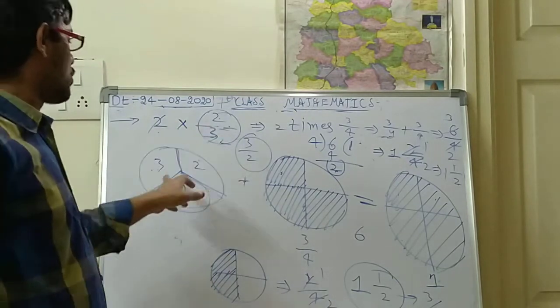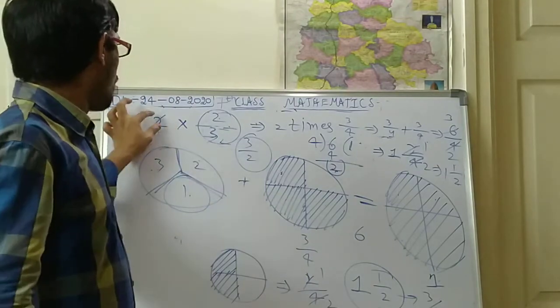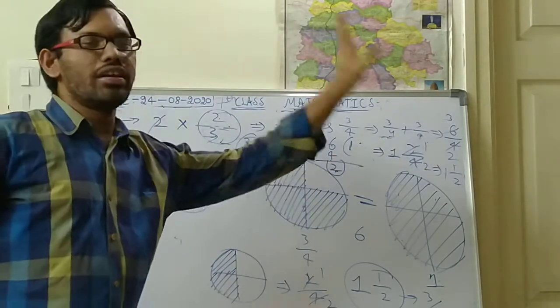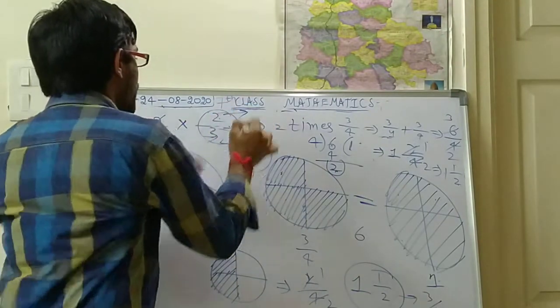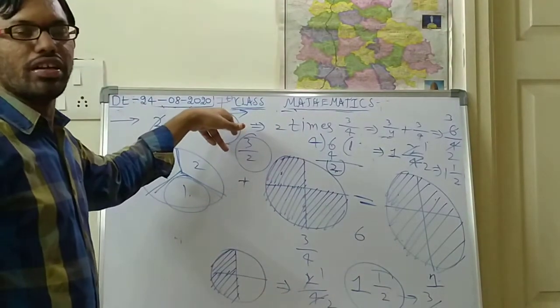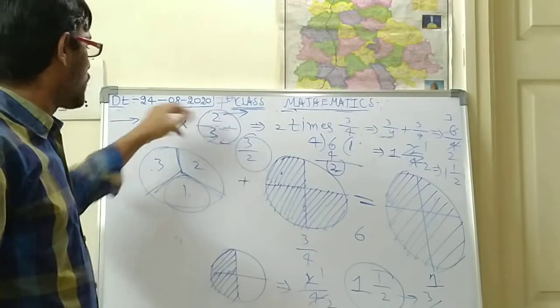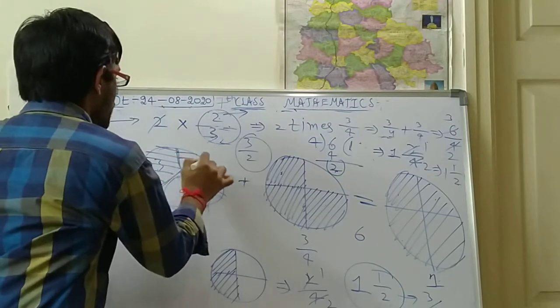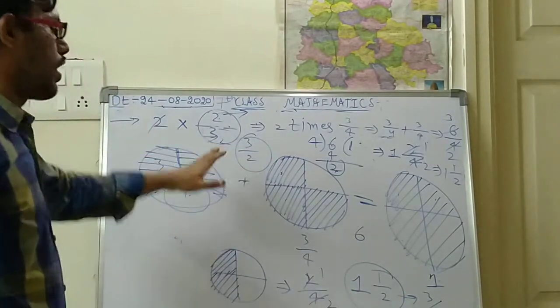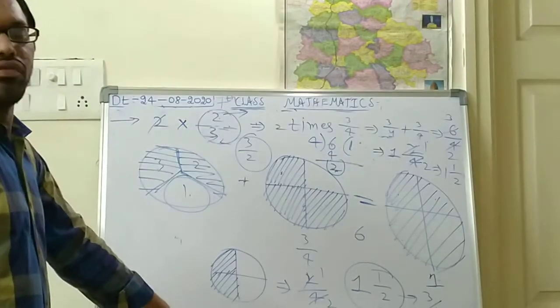So 3 parts are there. So this is correct. And like that, as many times as it is given, that many circles you make. And this is the number of regions to be shaded. So here 2 is there, that means 2 regions you should shade. Okay, so like this you have to do the multiplication of fractions.